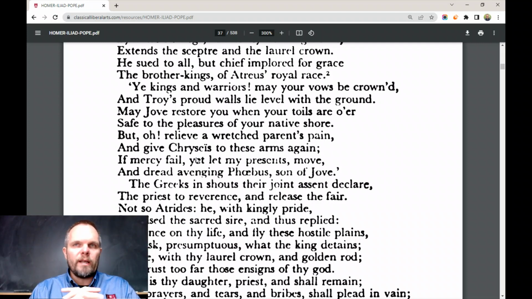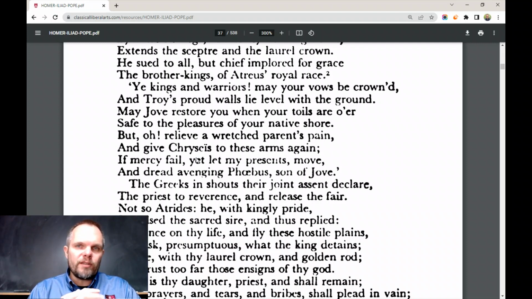But he makes this request. Relieve a wretched parent's pain, and give Chryseis to these arms again. That's his plea. Please let me have my daughter back. If mercy fail, if hearing this you have no mercy, let my presence move, and dread avenging Phoebus, son of Jove. And be careful, because Phoebus, that's just another name for Apollo, the son of Jove.